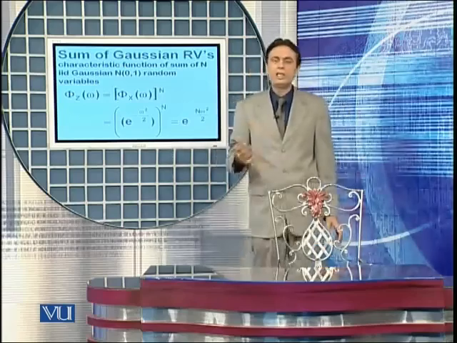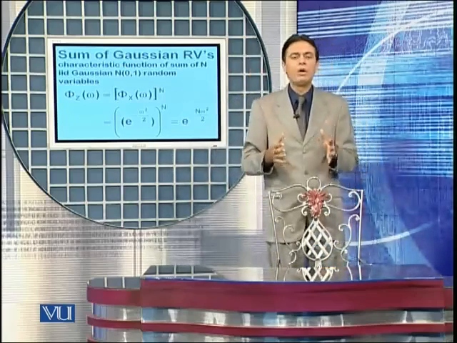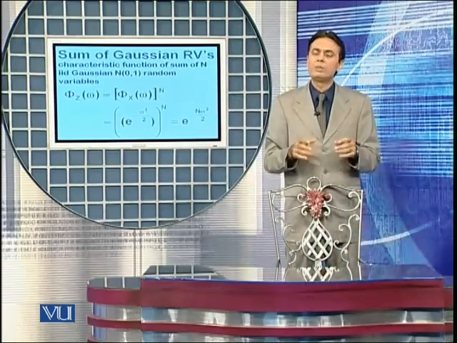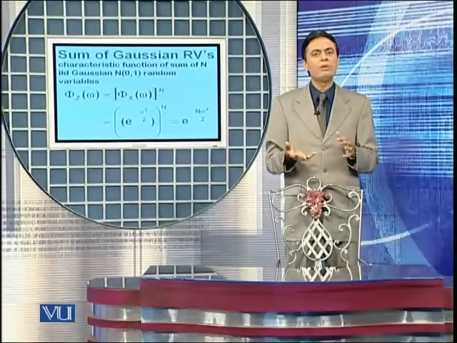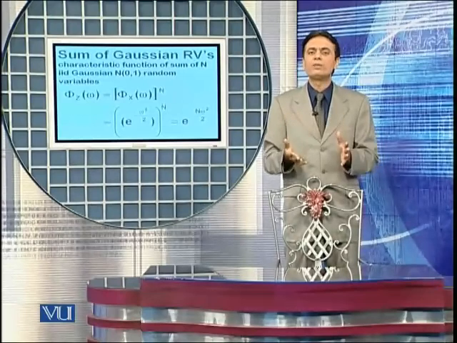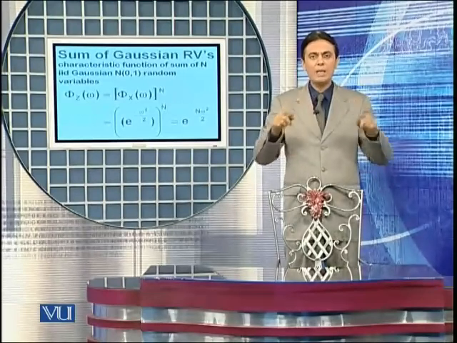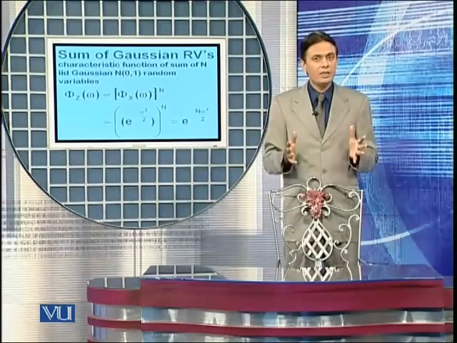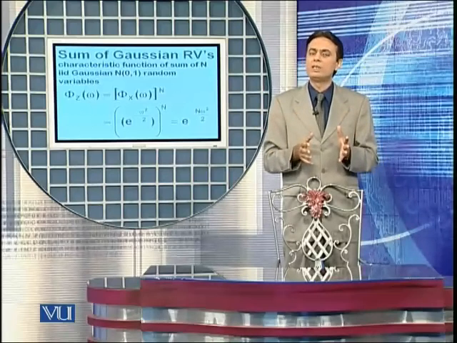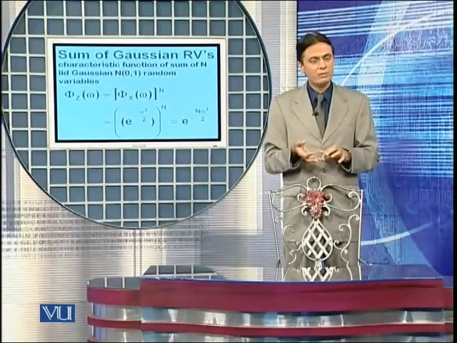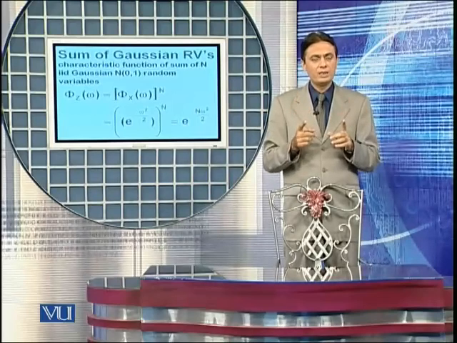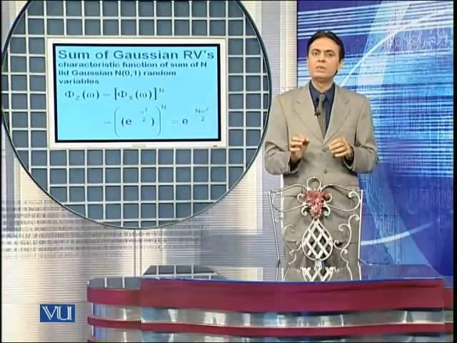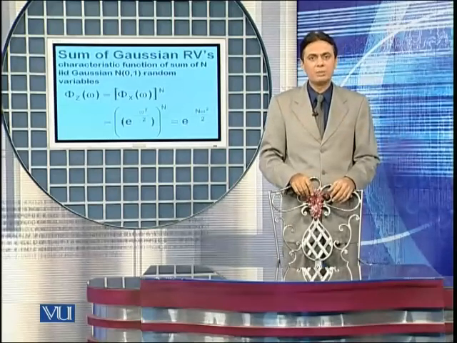Once again, the shape of the characteristic function of the sum of n Gaussian independent random variables is the same as the shape of the characteristic function of one of them, or the shape of a bell-shaped curve, or the shape of the Gaussian PDF. So if you add n Gaussian independent random variables, you will get a Gaussian random variable with variance which is n times the variance of one of the random variables used in summation.